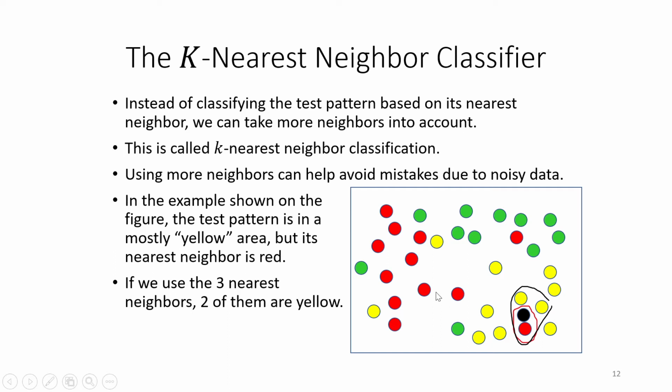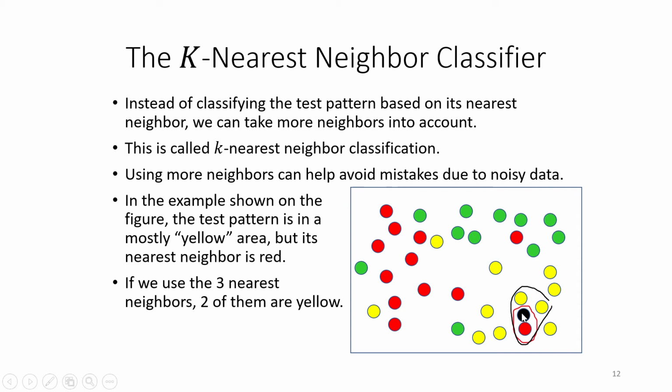Okay, this is a very interesting case over here, K-Nearest Neighbor Classifier. Now over here, the test pattern is nearest to this red pattern, but if you observe clearly, it is surrounded by yellow patterns. This test pattern is surrounded by just one red pattern, but most of the patterns around it are yellow. So what if we consider 3 nearest neighbors instead of 1 nearest neighbor?